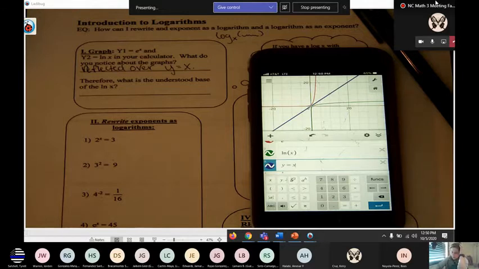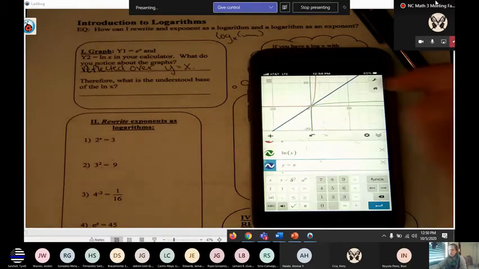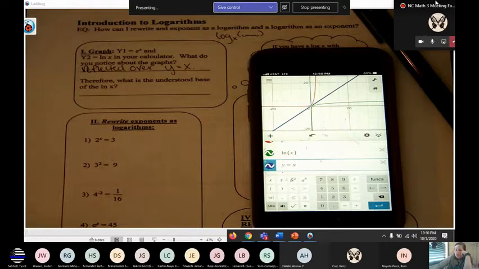It was a big topic we went over. Jakeem, do you remember, when one function is reflected over y equals x, what is the other one? What's the relationship between those two functions? Isn't it something like negative or something like that? Not quite. It's an I. Anybody?